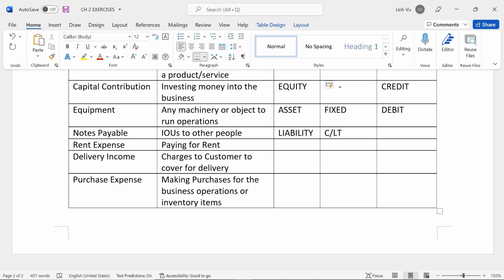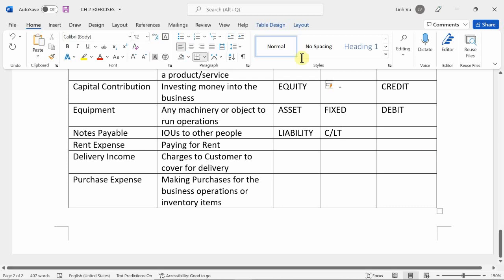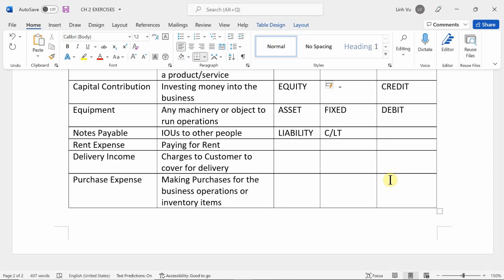That's a little more difficult, especially if you're not going to refinance anything, right? So in this case, with this kind of IOU, you have the capability to fluctuate the time that you owe them. So it could be current, it could be long term. Okay? And how do you increase a liability? By a credit. By a credit, good.